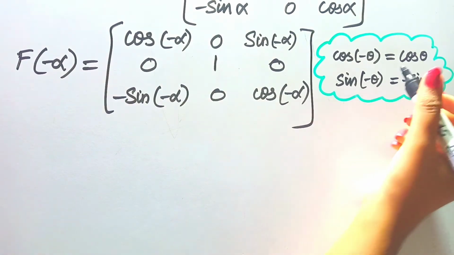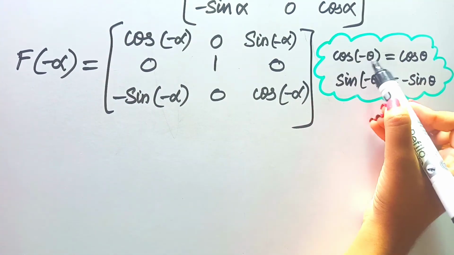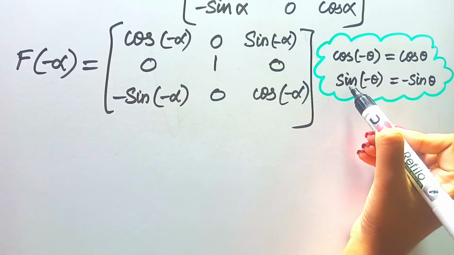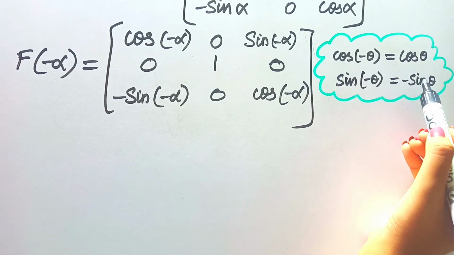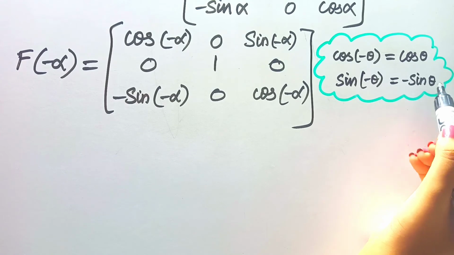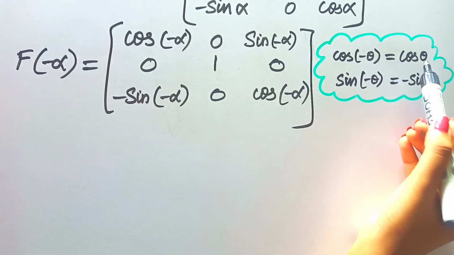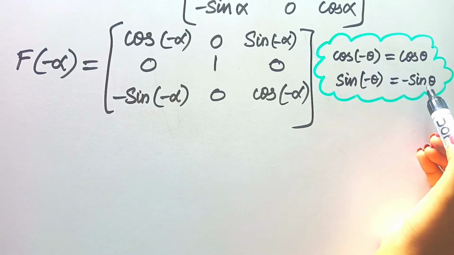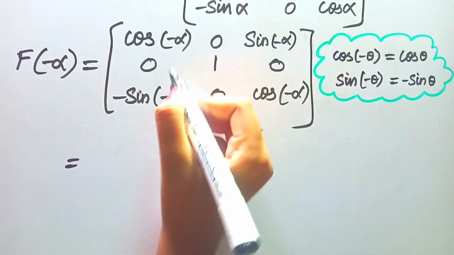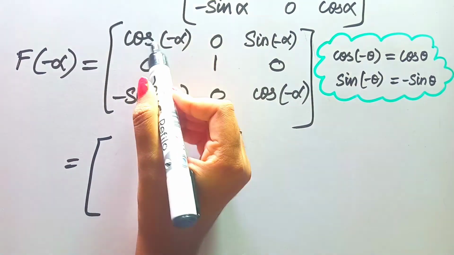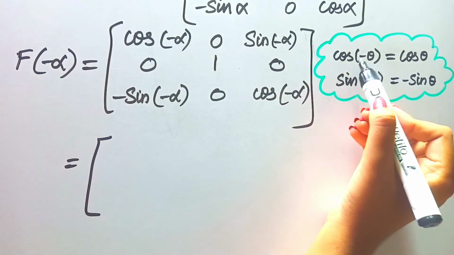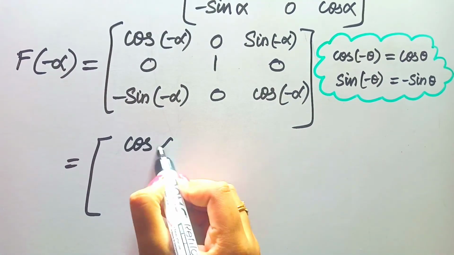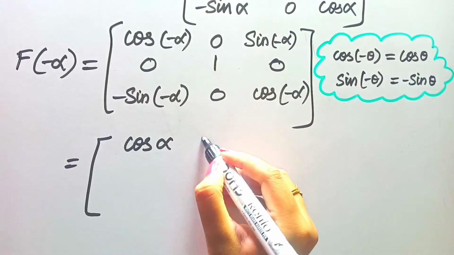Now you have to memorize these two formulas: cos of minus theta will be equal to cos theta, and similarly sin of minus theta will be minus sin theta. So let's substitute that here. First they have given cos of minus alpha, which means cos of minus theta, so it will be cos theta, so we can write it as cos alpha. Then it will be 0 here.